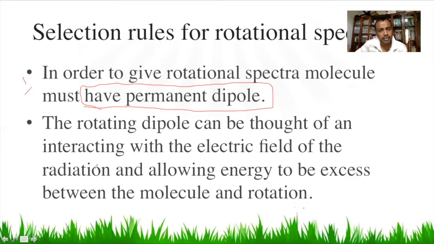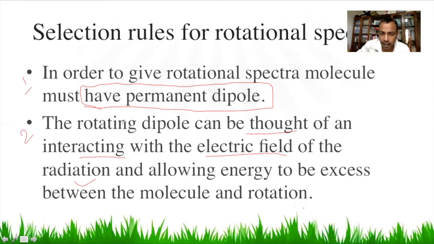The second point is that the rotating diatomic molecule can be thought of as interacting with the electric field of the radiation. Whatever the molecule, it can rotate about the x-axis, maybe y, maybe z, in any direction. It must interact with an electric field.